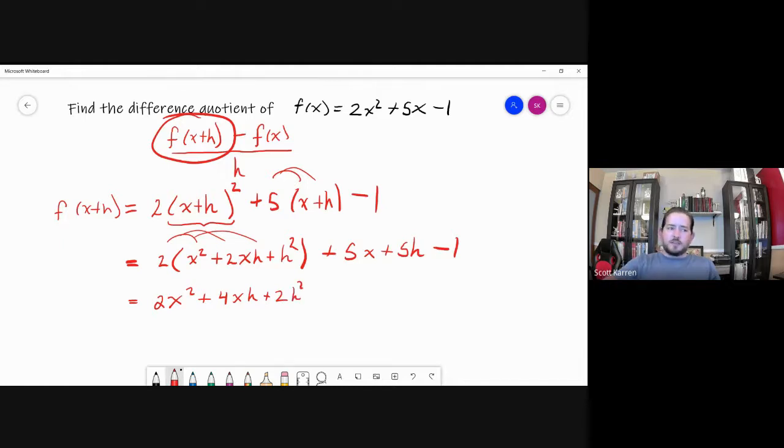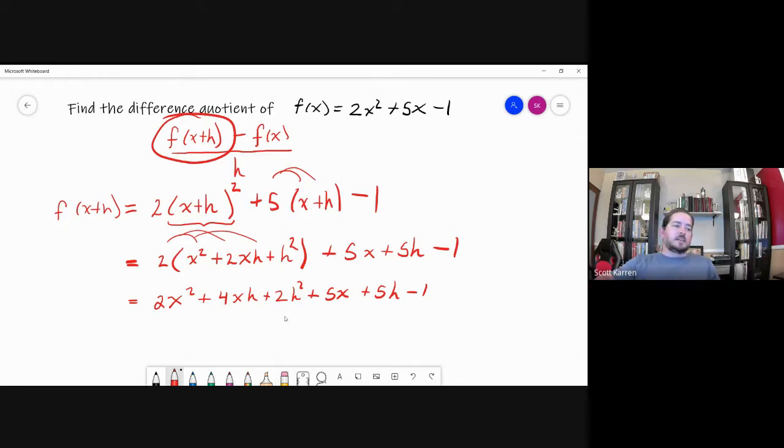And then plus 5x. And then plus 5h. And minus 1. Now, if there's anything else to simplify here, I'd want to do it. It doesn't look like it. I've got an x squared, an h squared, an x, an h, and then an xh, right? So that's my f of x plus h, expanded all the way out.